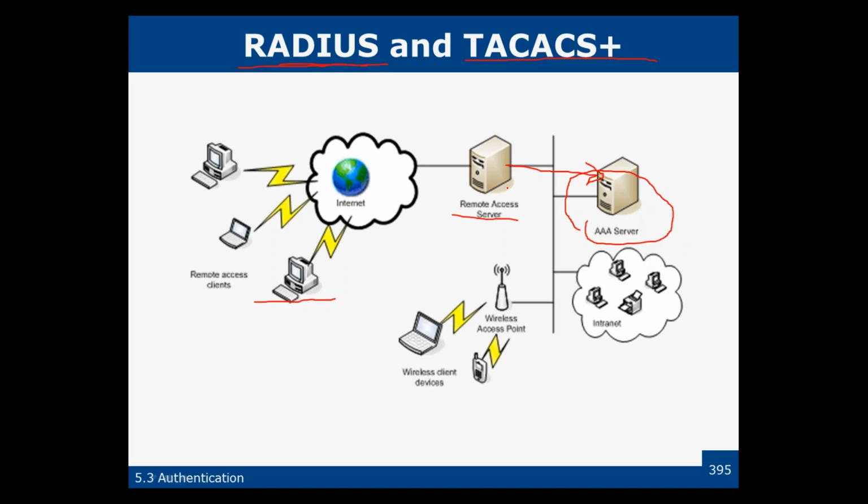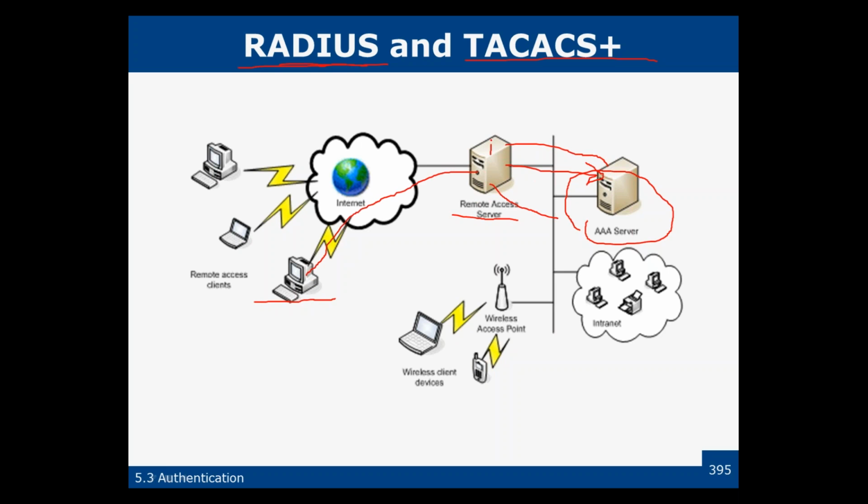So the Radius server is configured with the address of the authentication server, and there's a shared secret so that they know that each of them is there. So what would happen is these guys go across the internet and want to get access to this network.